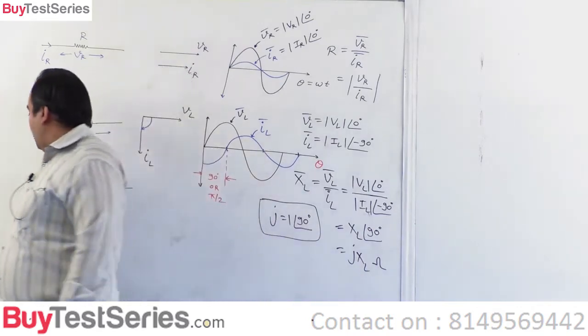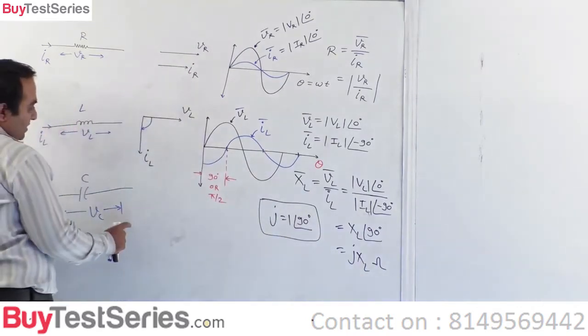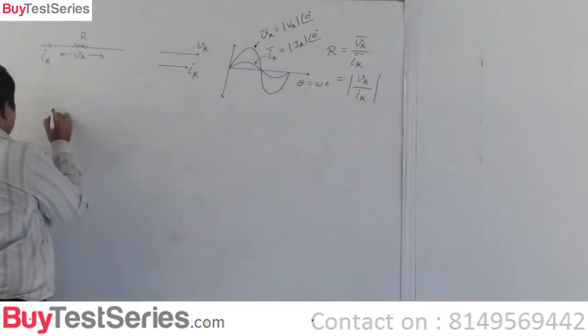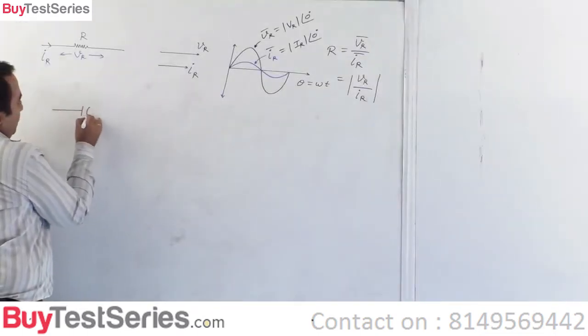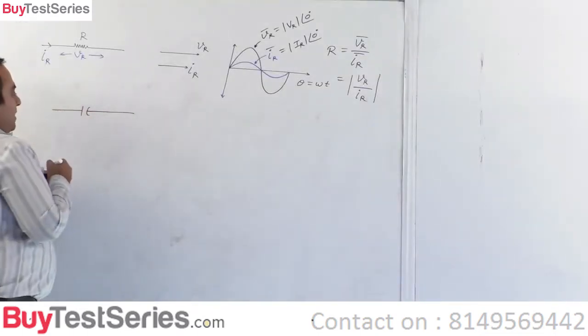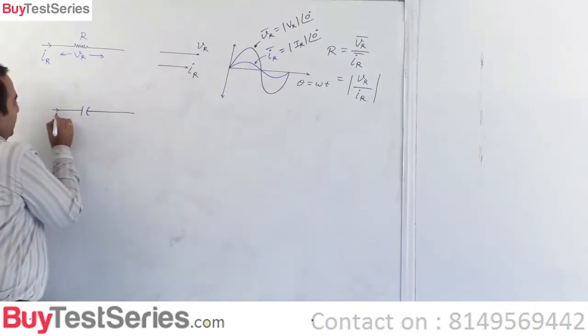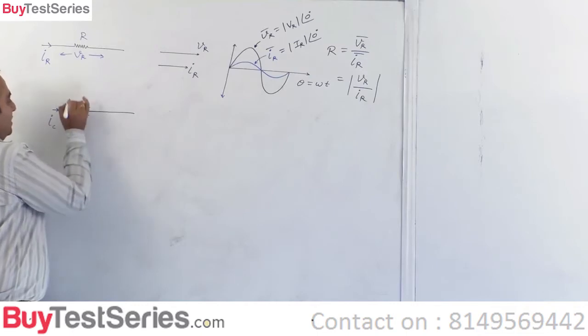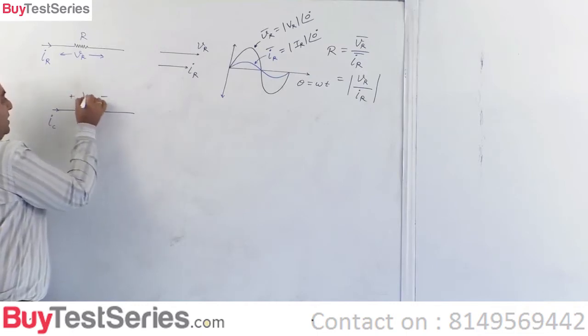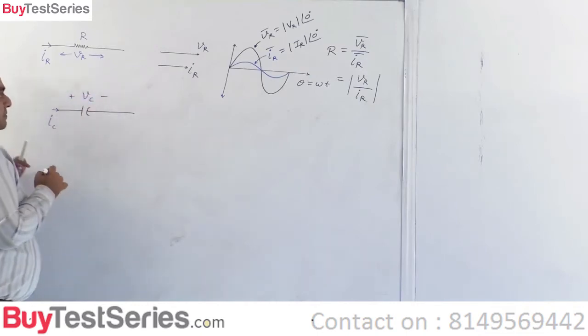Alright, if we talk about the capacitance, say this is your capacitance. The current through the capacitor is say IC, the voltage across it is say VC.